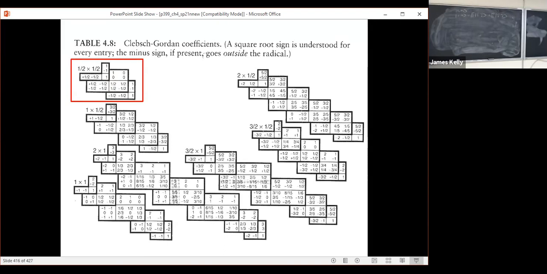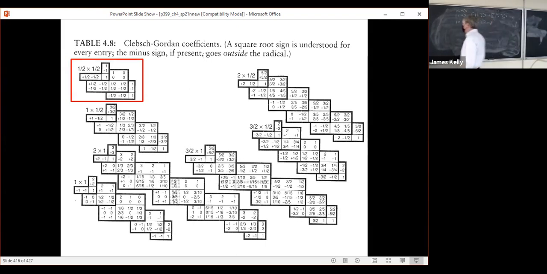It's also telling me that the 0, 0 state, that's combined S equals 0, combined M sub S equals 0, is equal to root 1/2 times the 1/2 minus 1/2 state, minus root 1/2, because there's a minus sign.